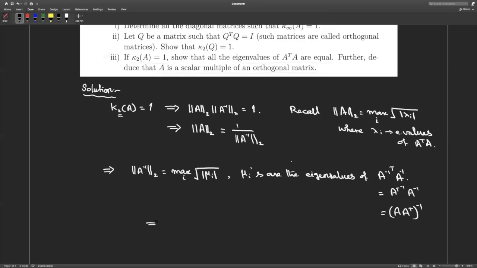That implies 1 by mu i's are the eigenvalues of the matrix A transpose.